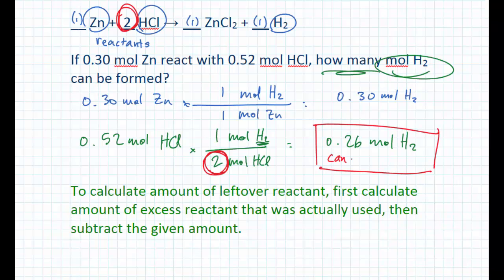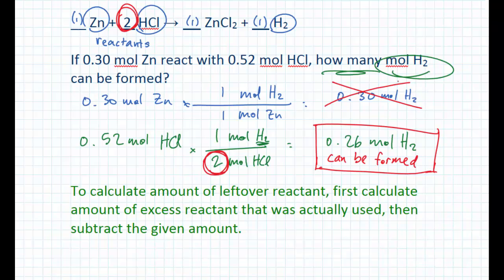Let's even write that. And what does that 0.30 mean in this problem? Can we produce 0.30 moles of H2? Not in this problem. Not unless we got more HCl. If we had unlimited HCl, the zinc would run out when we got to 0.30, but not in this problem.